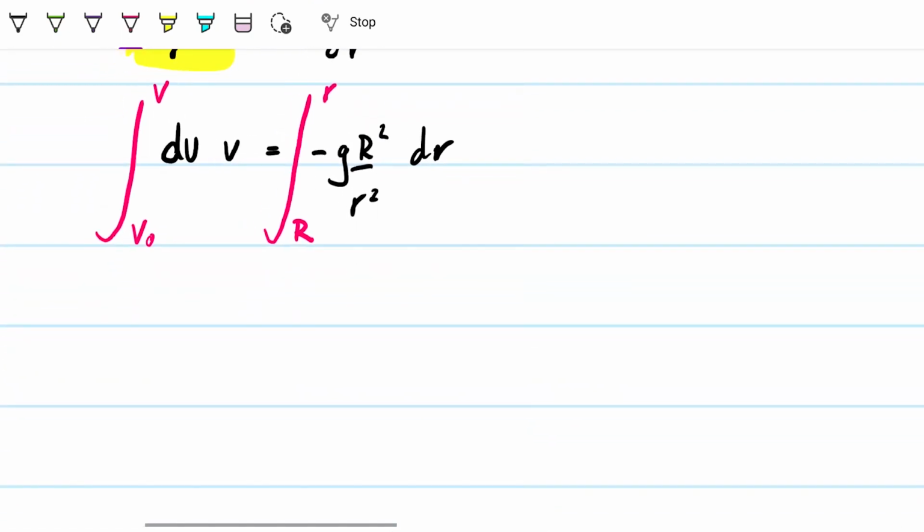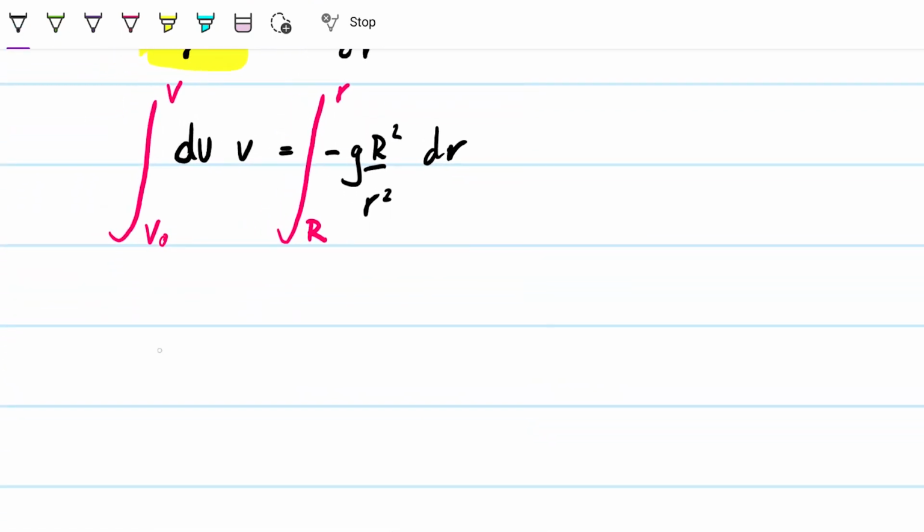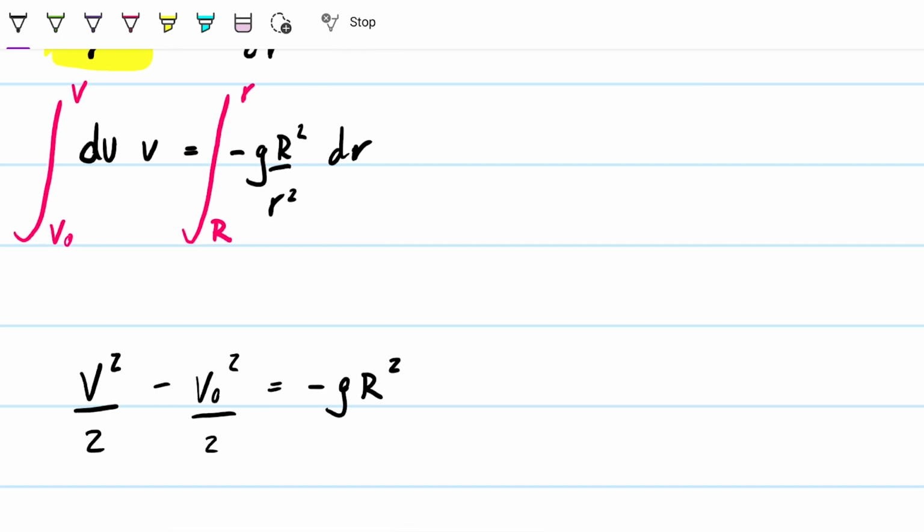My velocity is v naught. Okay, so this integral here is going to give me v squared minus v naught squared divided by 2. And here on the right side, this is a constant, so these guys leave the integral. And I'm going to have the integral of 1 over r squared dr. So that's going to be the same thing as r to the minus 2.